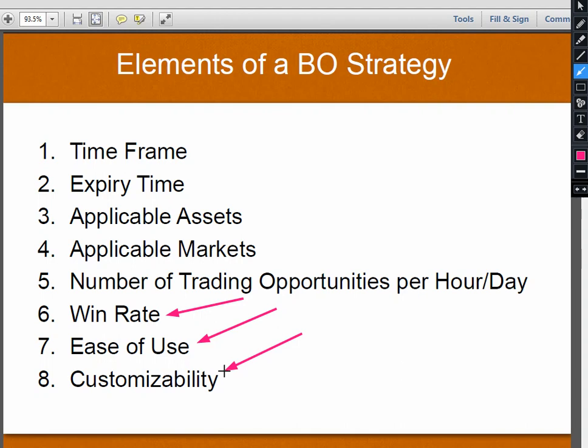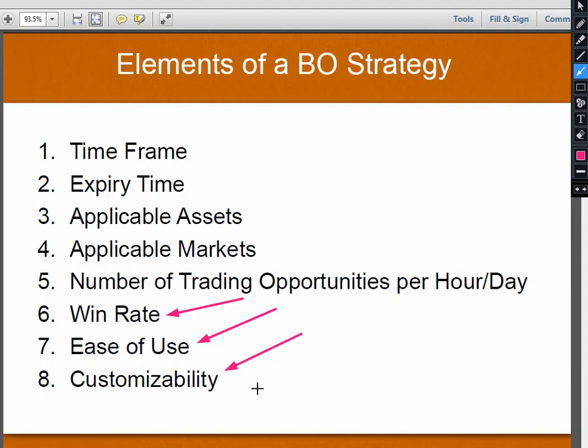Customizability. My recommendation is always, whenever you get a strategy or a trading system or indicator, try to test it and customize it to suit your own trading style. It might be working on 1 minute, but maybe you're not very comfortable with 1 minute because of speed issues. You try the same strategy on 5 minutes and see whether it delivers results.